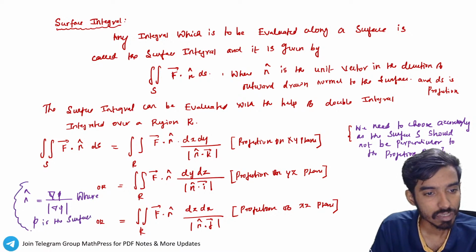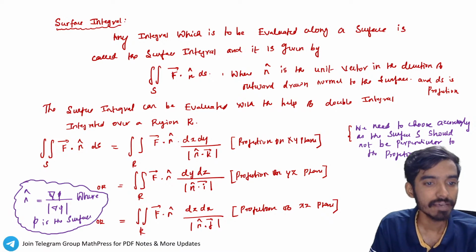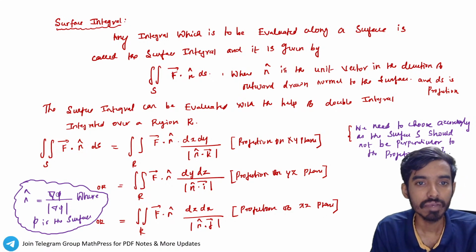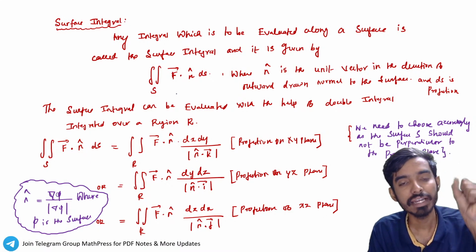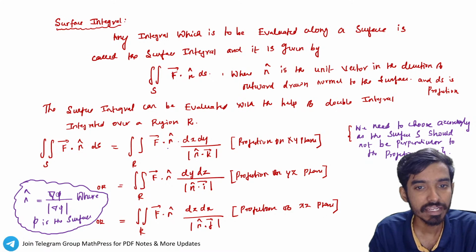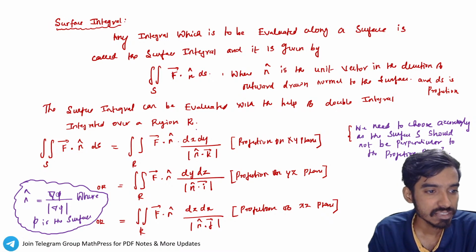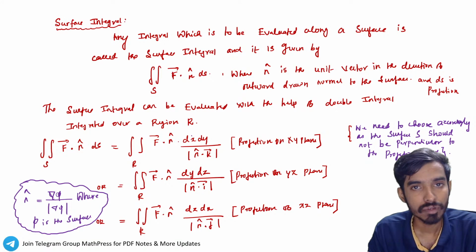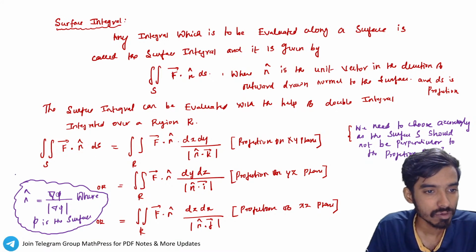This is how you should choose n cap, very important. They will give a surface S; you take it as phi. Del phi is the gradient. So the formula for n cap is del phi by modulus of del phi, where phi is the surface. Remember this very important note.